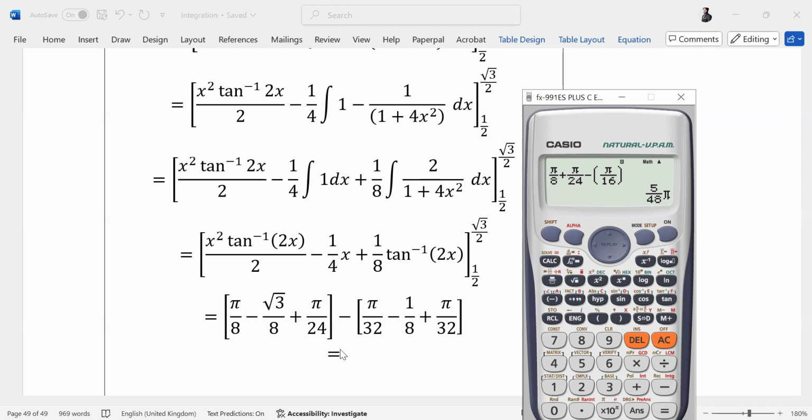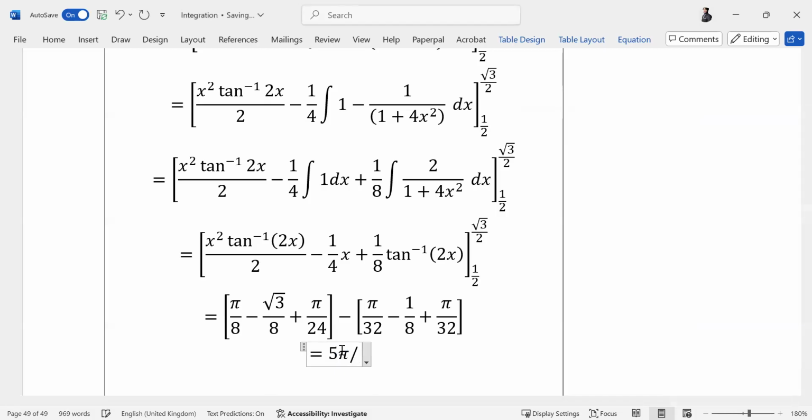So 5 pi over 48. And then I have square root 3/8 plus 1/8. This is how I can leave my answer. This is an exact value. I can obviously convert it into a single fraction as well, but this is good enough.